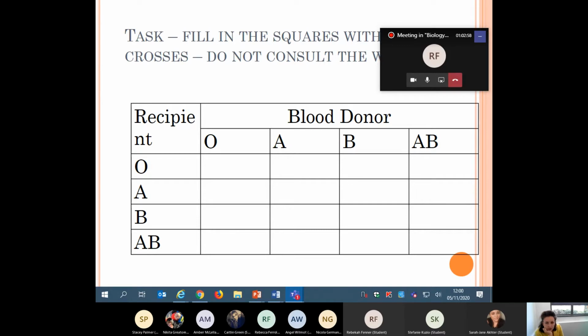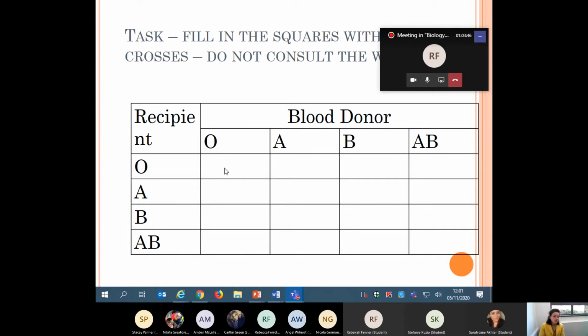Guys on Teams, do you need more time, or not? Right, so done. Okay, cool.